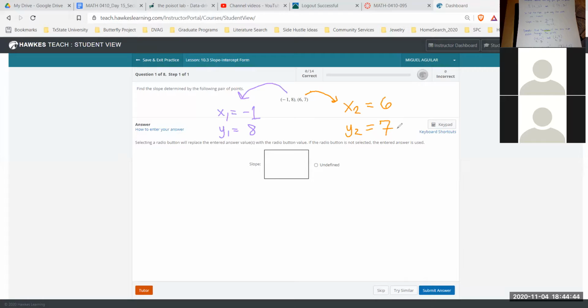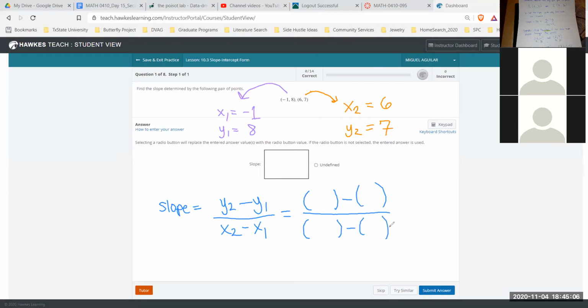So if we're now looking for the slope, the formula is y2 minus y1 over x2 minus x1. So again, I like to set this up with parentheses just so that I don't mess up the negative, because that happens quite frequently.